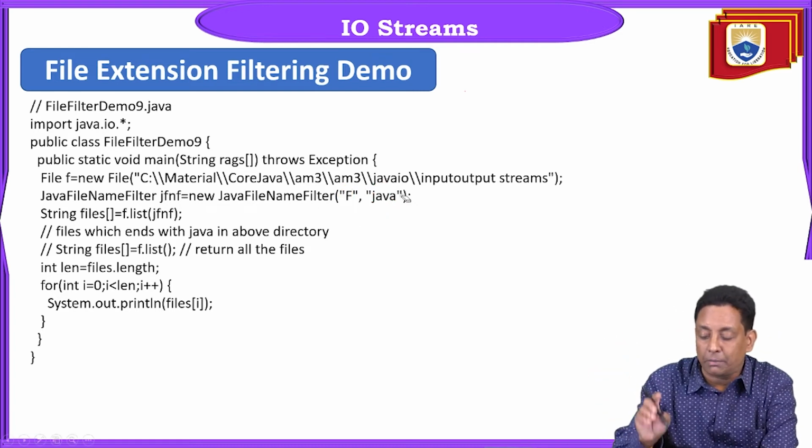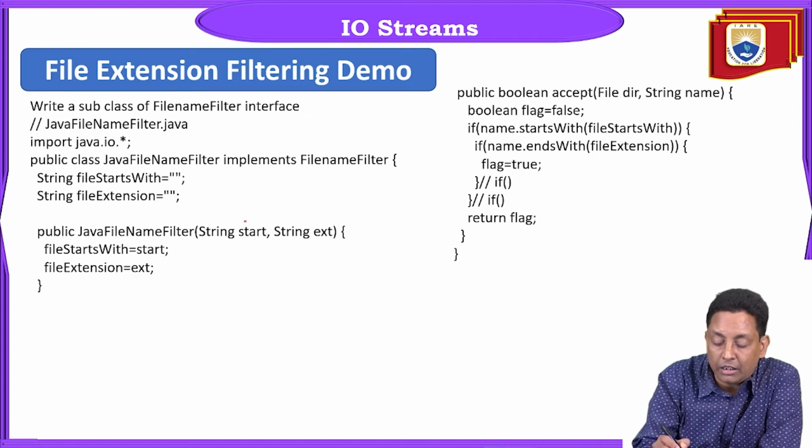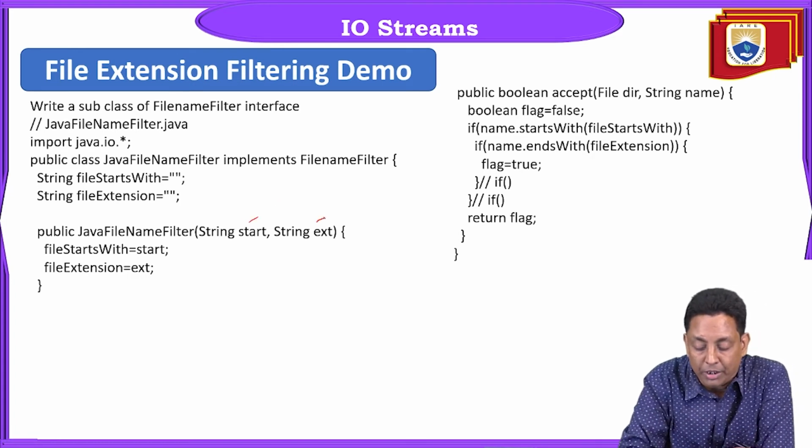Those two arguments, start and file extension, you need to pass when creating the JavaFileNameFilter object.